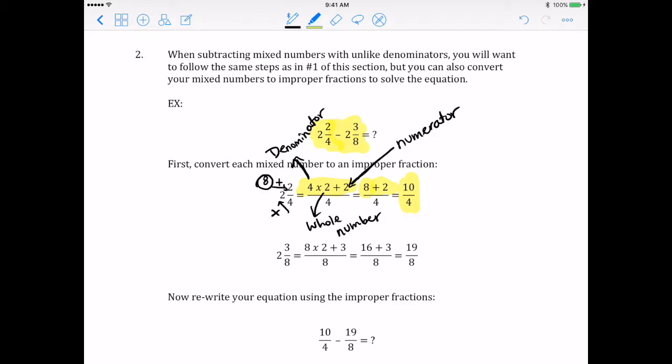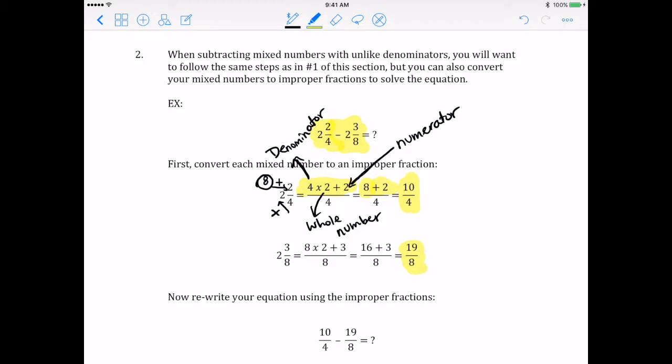So you're going to say 8 times 2 plus 3 equals 16 plus 3/8 equals 19/8. So there's your improper fraction for your other mixed number.